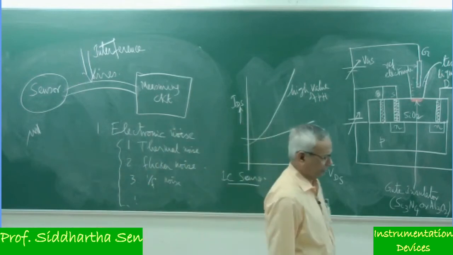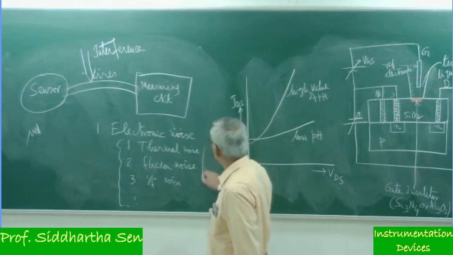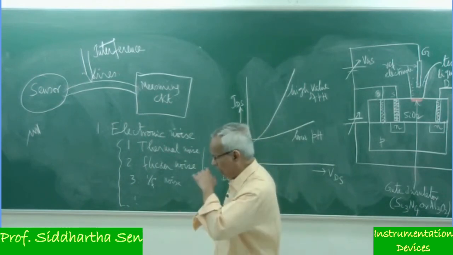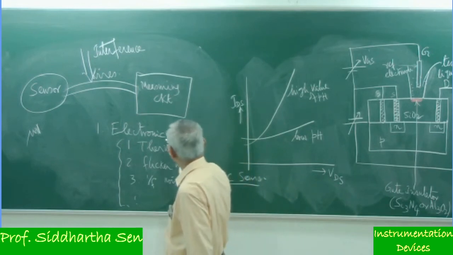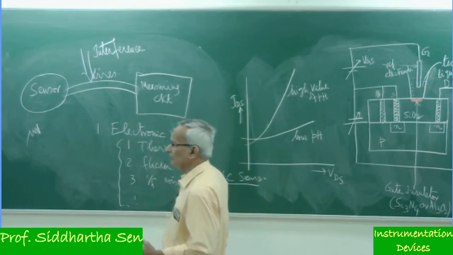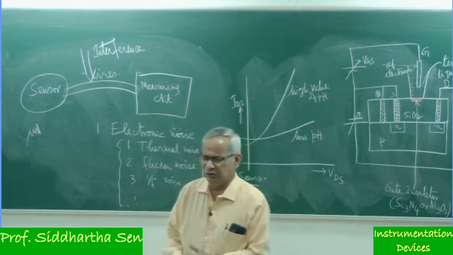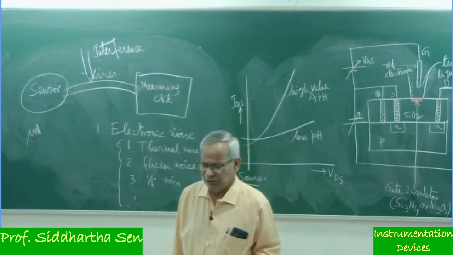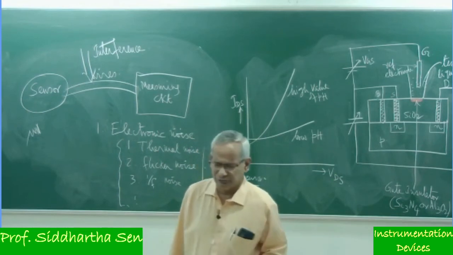We are amplifying the signal, but there will always be some random noise generated in the resistor, in the amplifier, or in other components. It also depends upon whether you are using it in a low frequency region or a high frequency region.